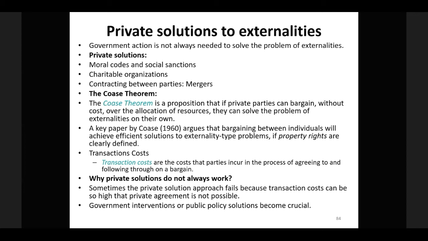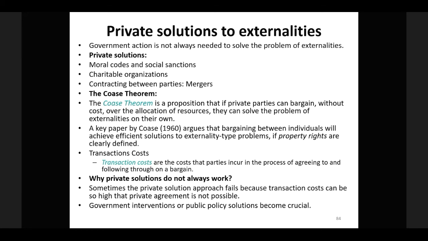So let's look at the tenets of what I told you to read. You see that if the baker has the property right, then the doctor must be compensating. Let's say the baker has the property right to make noise. Then the doctor has to be compensating the baker for this right, so that the baker can acquire maybe a quieter machine, so the production process will not affect the doctor because the baker has the property right.